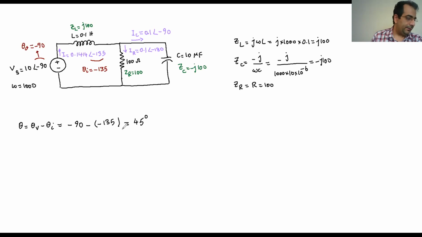So that's the theta I have. And I know that I need the RMS value of the voltage and the current, so I will calculate them before I go ahead. The VRMS is the magnitude of that Vs divided by square root of 2.